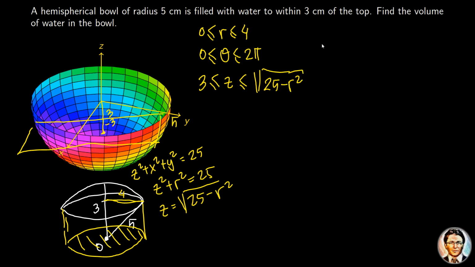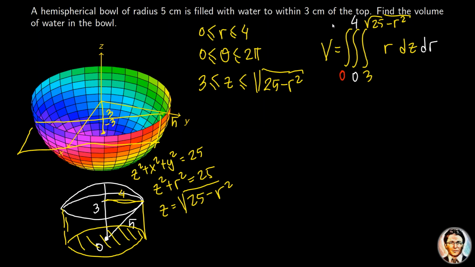So the volume of this region is going to be the triple integral from 3 to square root of 25 minus r squared, r dz. And if I write r to be the second variable, 0 to 4, then I will have the r here, and then 0 to 2 pi, and theta for the last one.